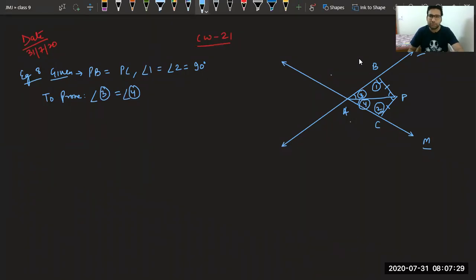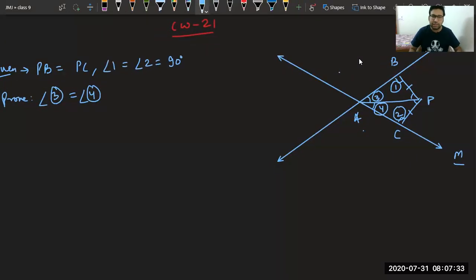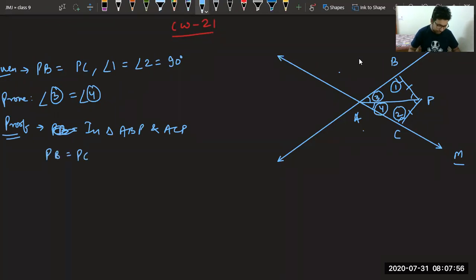Now let us start. Let me make it enlarge a little bit. So you can see it clearly. Let's start the proof part. We all know first thing is this PB equal to, first write that in triangle ABP and ACP, we can say PB is equal to PC, first thing.